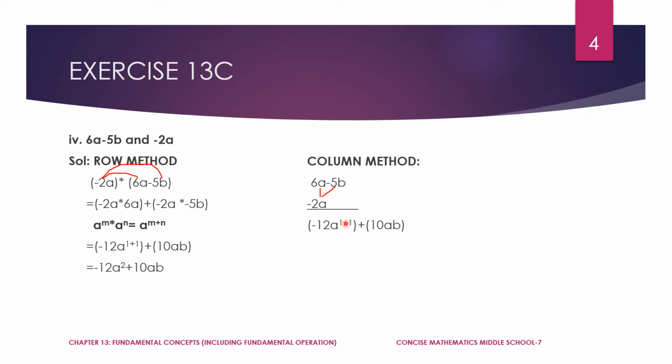Or else you can even directly write it as a square. Minus into minus is plus, 2 5s are 10, ab. Is it clear? Yeah. Minus 12a square plus 10ab is the answer. See, we got both the answers the same, even using row method or column method. So you can choose whichever you want.